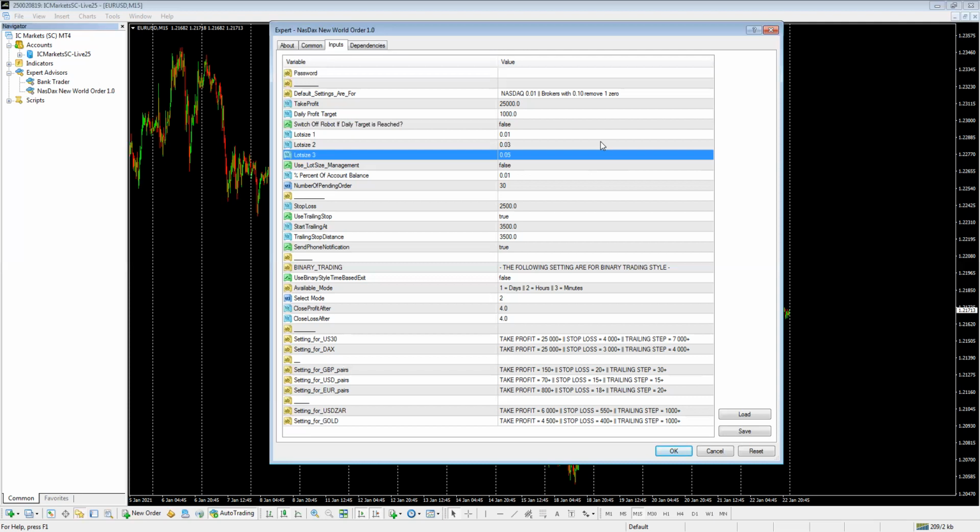But if the analysis or the setup matches the rules 100%, everything is set according to the rules, then the lot size used will be 0.3. What this means is that if the analysis is 100%, we have a higher chance of this trade moving in our favor with minimum drawdown. That is why the lot size is higher.